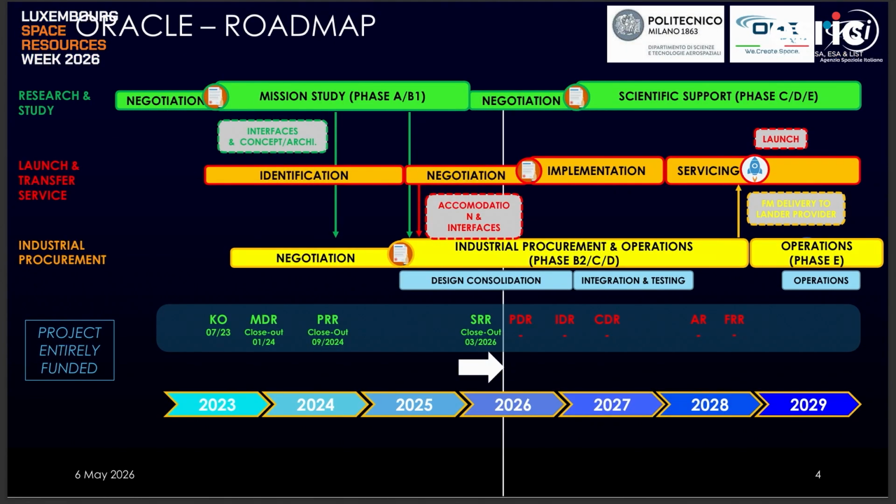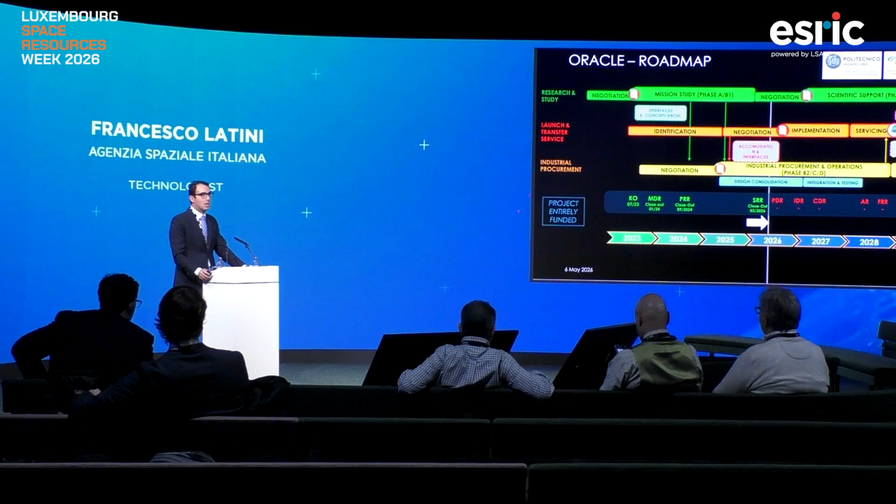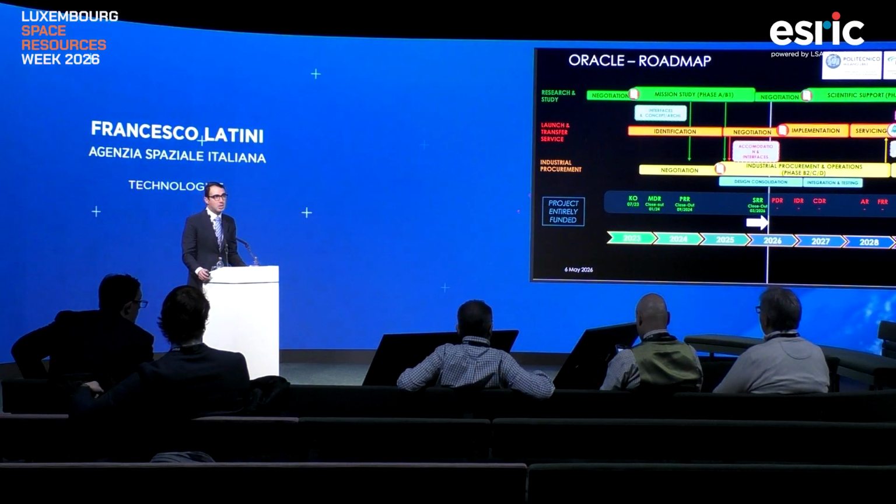This is a slide that we have been keeping since the very first presentation because it demonstrates how Oracle is developing throughout the years. The first phase was conducted with Politecnico of Milan for phases A and B1, through which they gave some important results regarding the general configuration of the payload, what it should achieve.